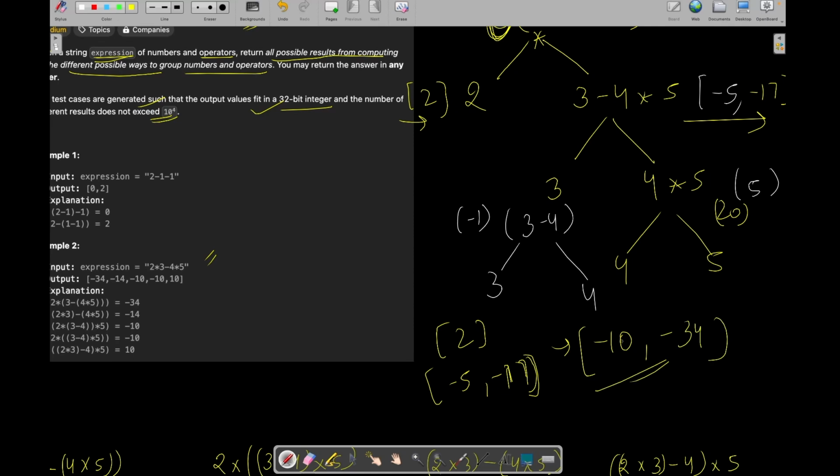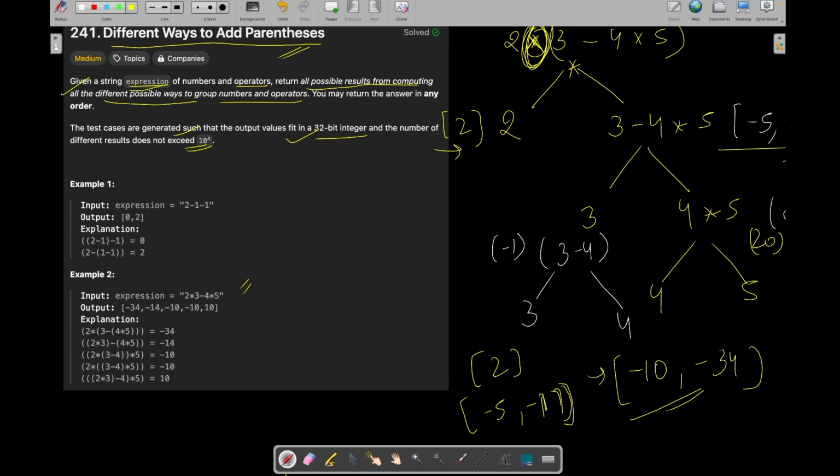So you can see that there are two values, minus 34 and minus 10. It might be the case that two different subexpressions give us the same value. Then we don't need to worry about inserting that value into our answer vector only once, since there can be duplicates in the answer as well.